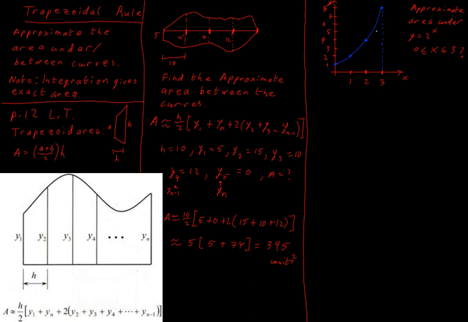So let's get our formula again. h on 2 on y1 plus yn plus 2 on y2 plus y3 on up to yn minus 1. And let's get all of our terms in. Well, this time we're going up in ones.